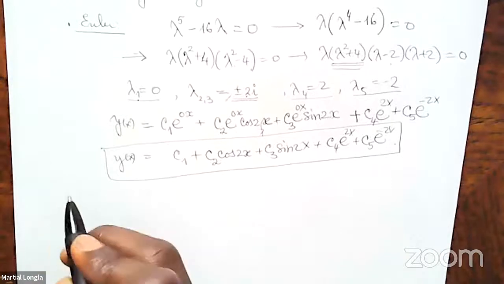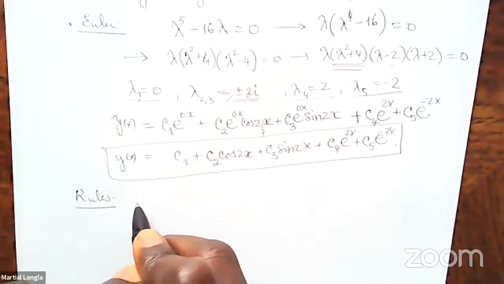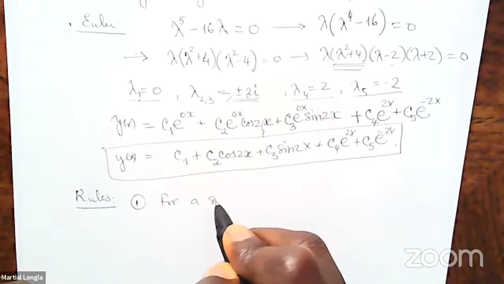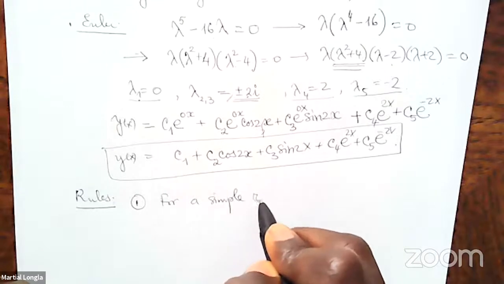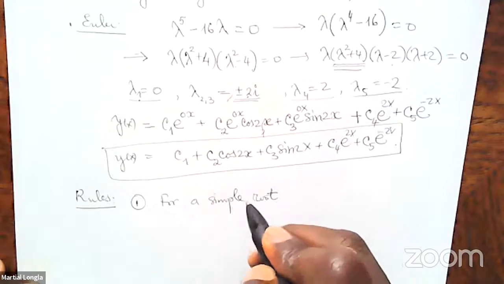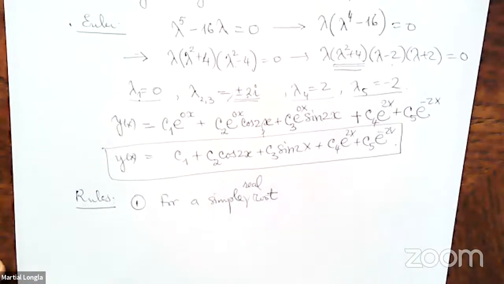And again, what are the rules? One, for a simple root. A simple root meaning, for a simple, say, real root. It's real, it's simple, meaning that it doesn't repeat.